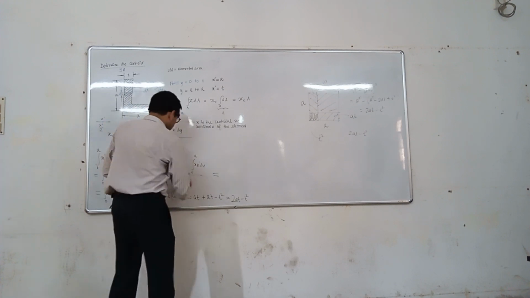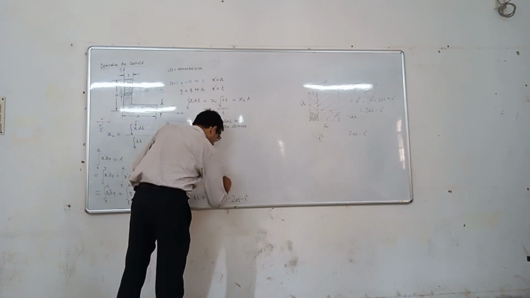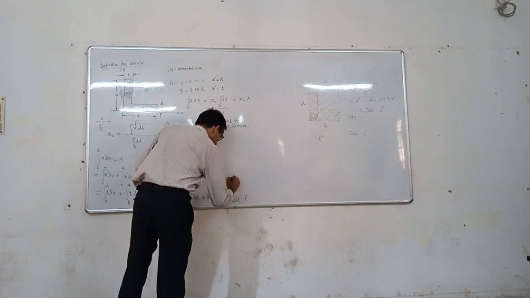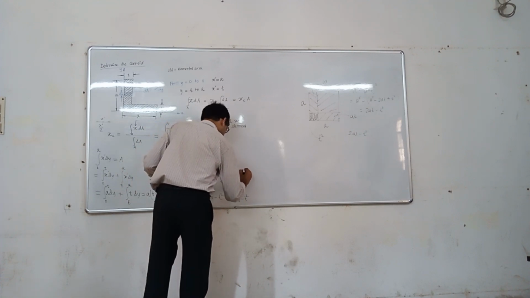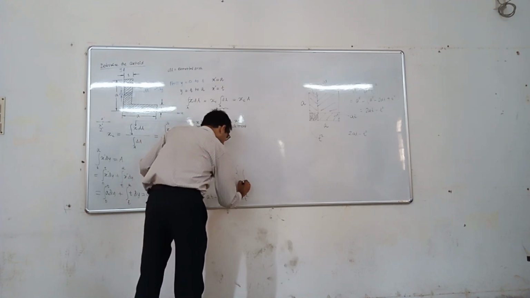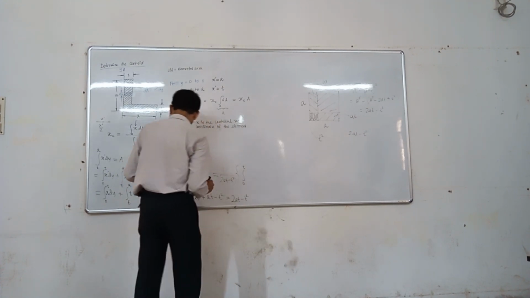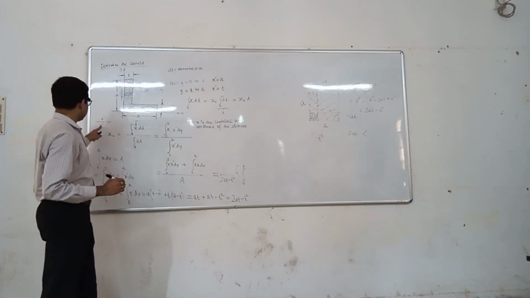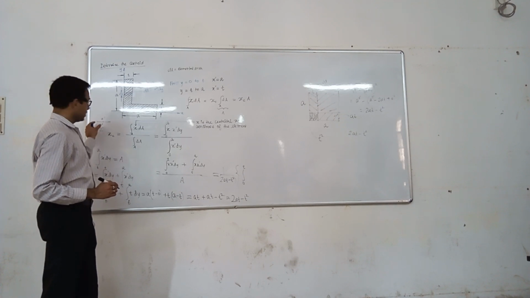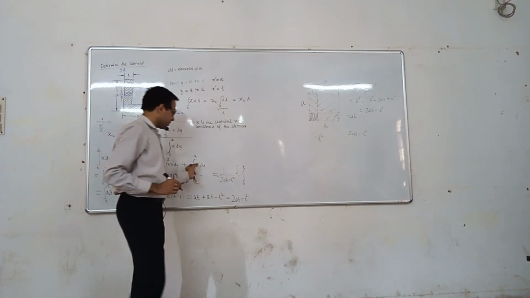What is this? One area is 2at minus t square. Now what is this? X integration 0 to t. X is how much? X is x prime by 2. This x centroidal coordinate is x prime by 2.